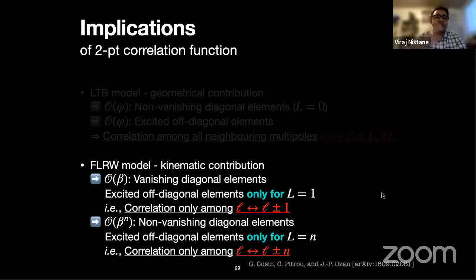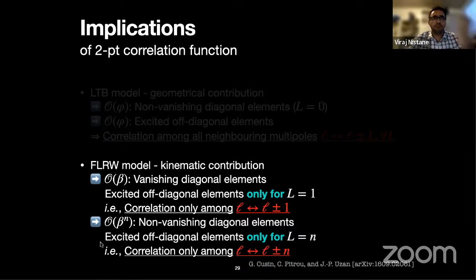That is, correlation exists among only the L and L plus or minus 1 modes. Then they repeat the calculation at higher orders of boost, and they observe non-vanishing diagonal elements and excited off-diagonal elements only for capital L equals N, where N is the order of boost velocity in which the calculations are done.